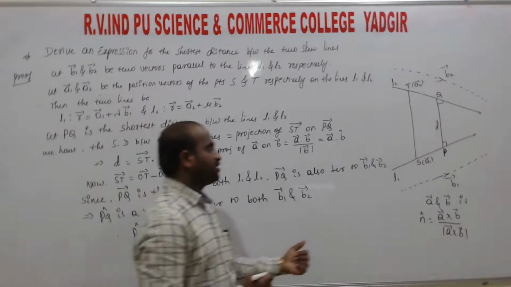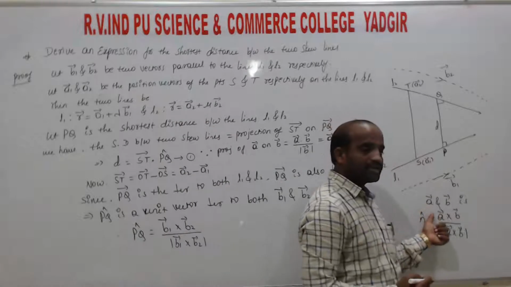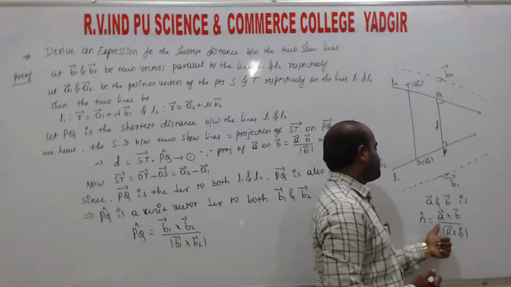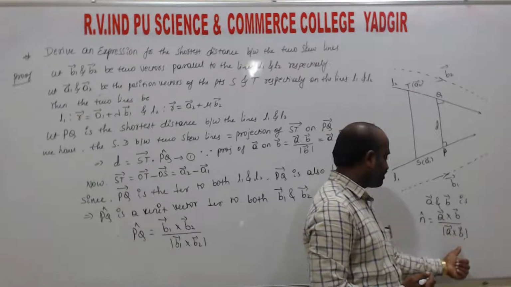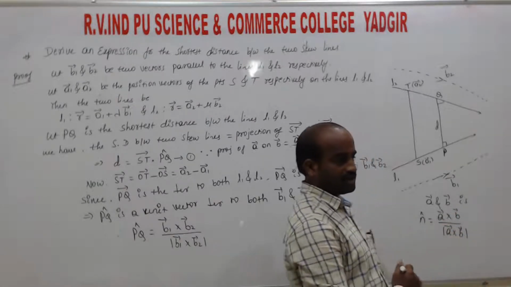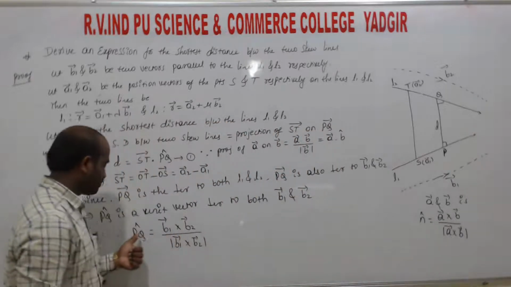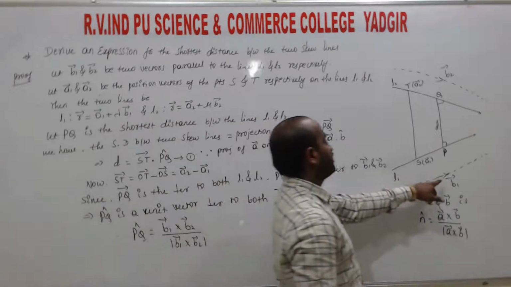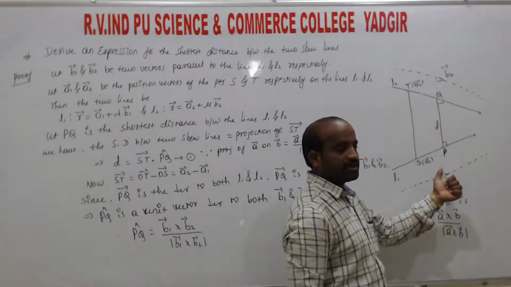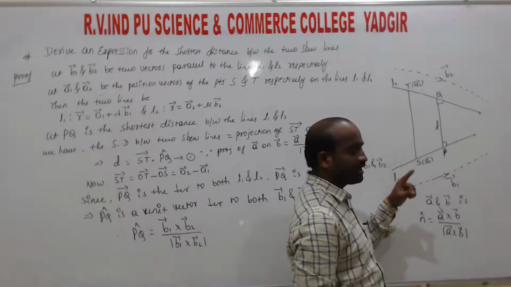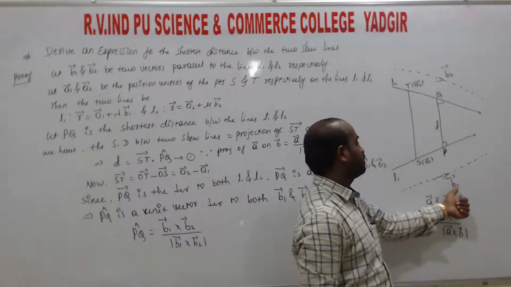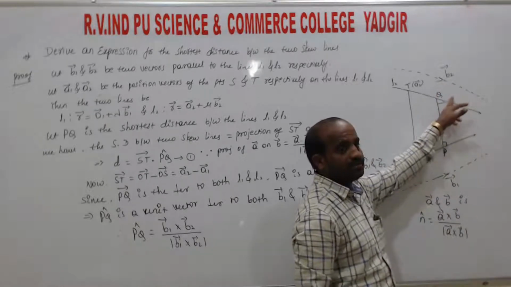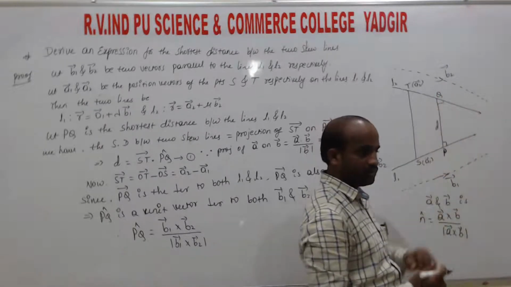Because N cap, the unit vector perpendicular to both A vector and B vector, is A cross B divided by the magnitude of A cross B, PQ cap is a unit vector perpendicular to both B1 and B2, because PQ vector is perpendicular to both L1 and L2, and also perpendicular to B1 and B2, which are parallel to those lines.